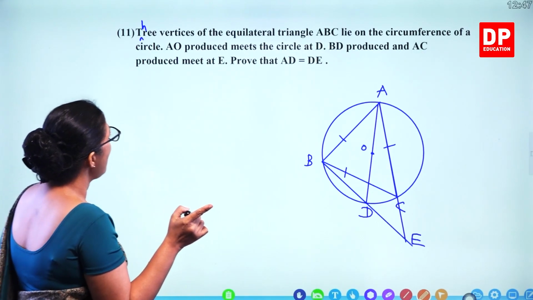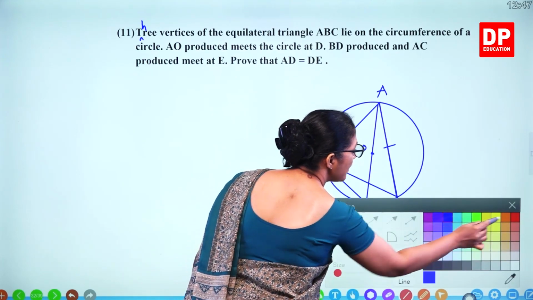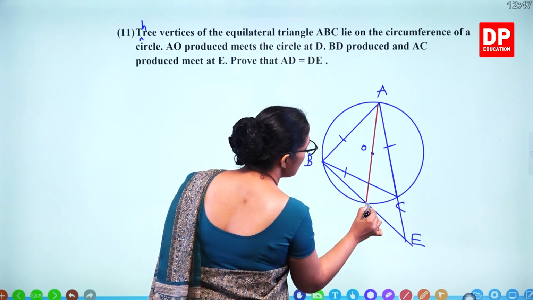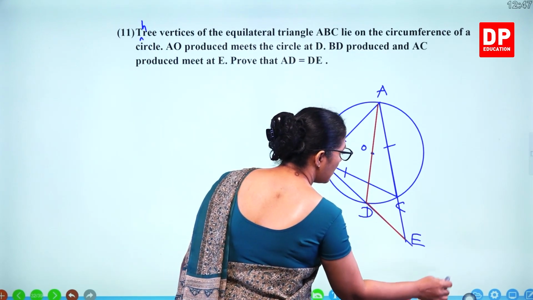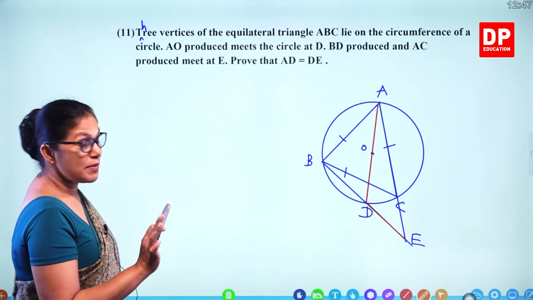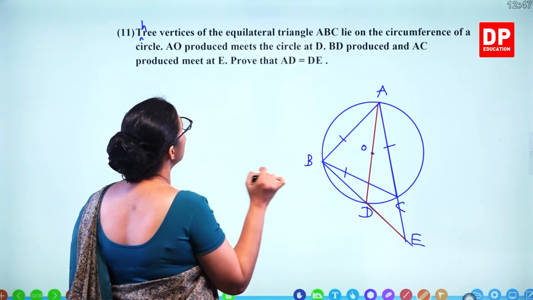And you need to show that AD equals DE. I'll take a different color. These two lengths are equal. So the diagram is not accurate, it's not equal there, but you have to prove that.